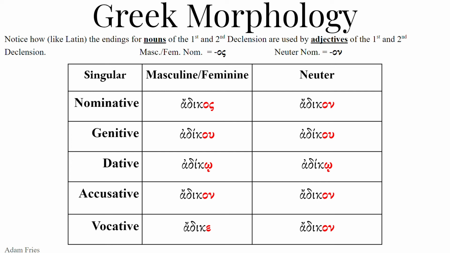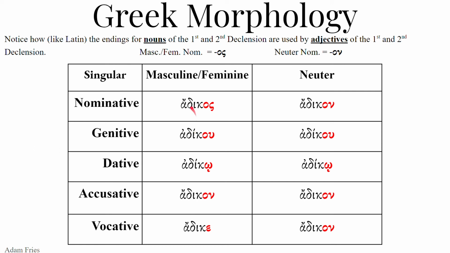Once again, check out the accent for adikos, on. So the persistent accent wants to be here, wants to be properispomenon on the antepenult, but if the quantity of the ultima changes from short to long, like it does in the genitive and dative, then that accent can't stand on the antepenult and must jump to the penult and become paroxytone.